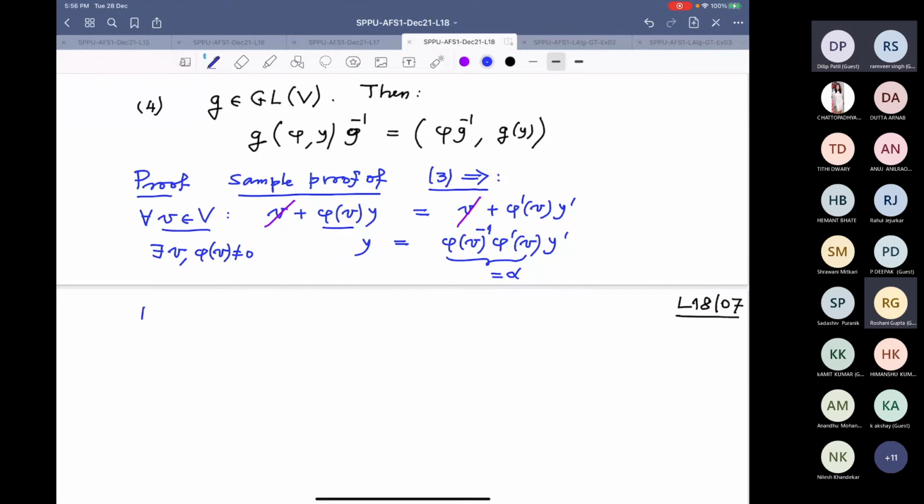To prove phi prime equal to alpha phi, what do I have to prove? That is, for all u in V, phi prime u equal to alpha times phi u. This is what I want to do.